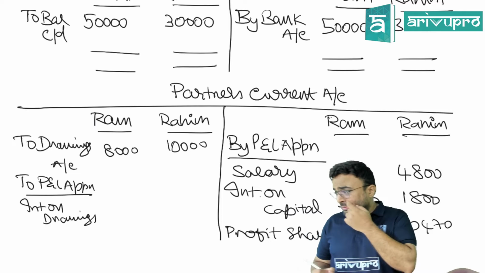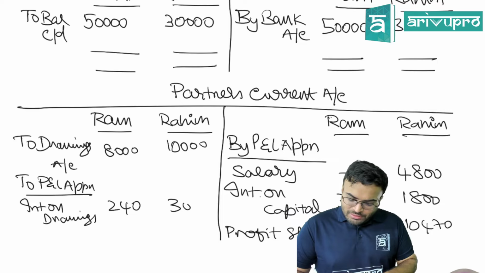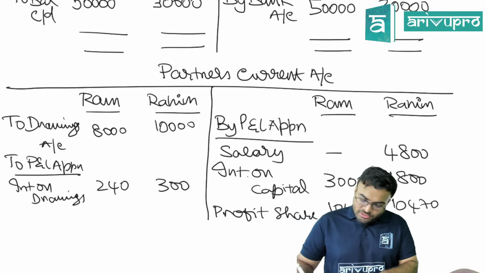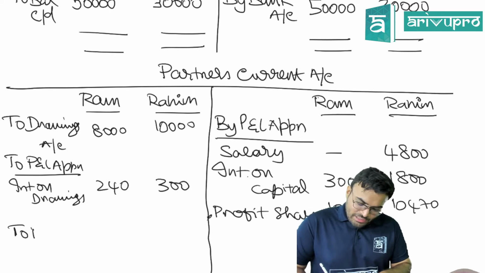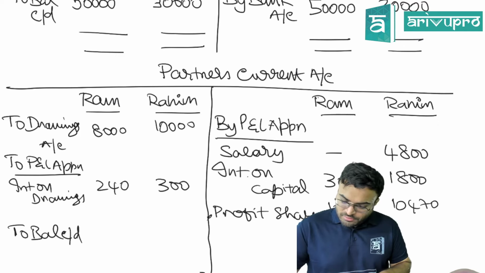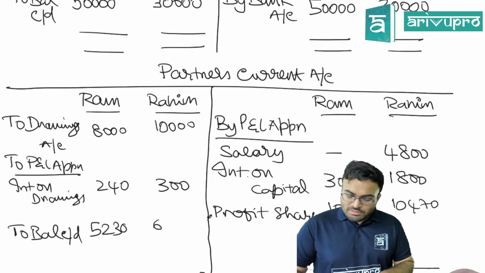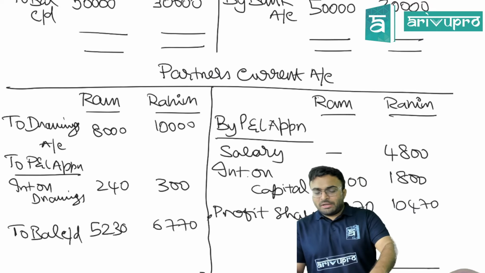You calculated, no? 240 and 300. Then finally you check what balance is there. I think it is credit balance only. To balance carried down. How much? 230. 6,770. This is your partner's current account.